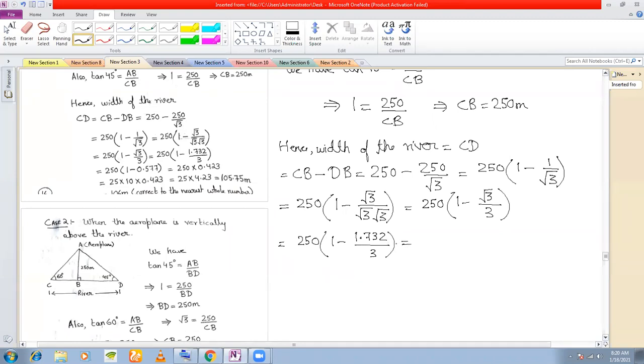Now you will divide 1.732 divided by 3, and you get 0.577. Now if you subtract 1 minus 0.577, it is 0.423, which is this, 250, not 20.